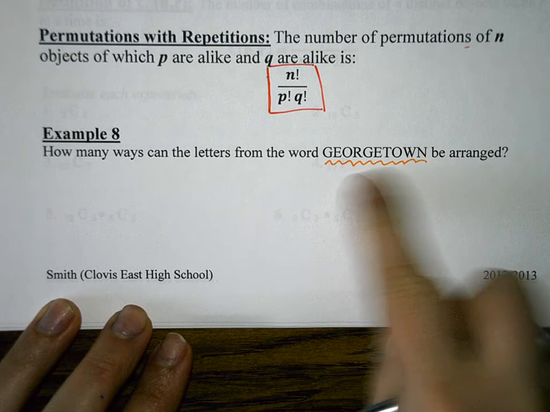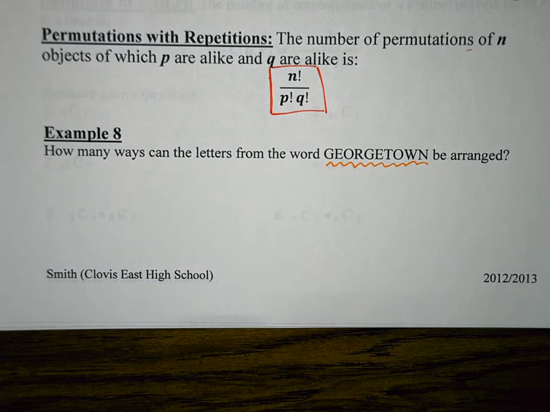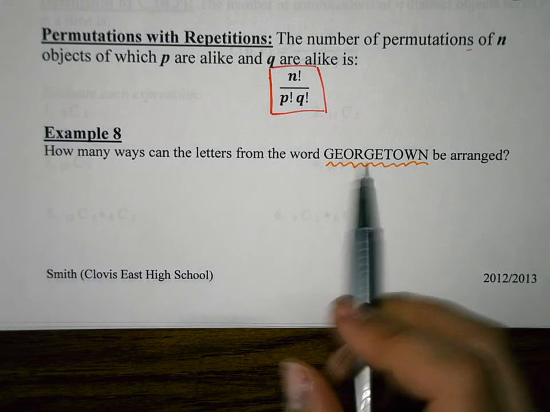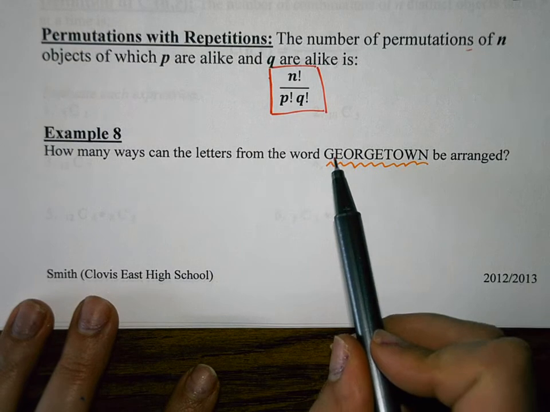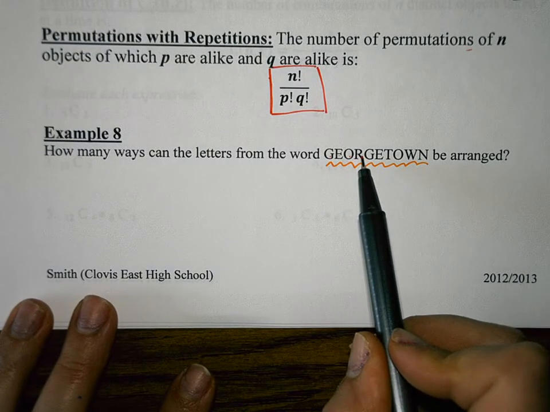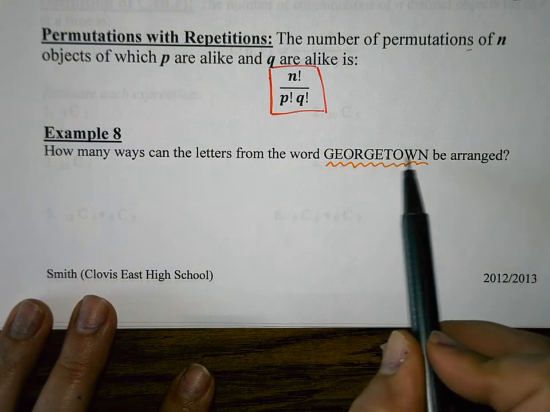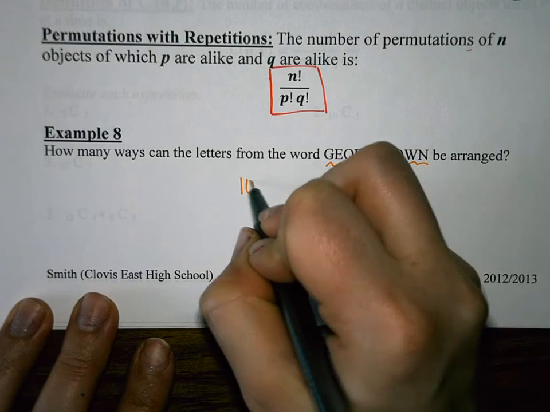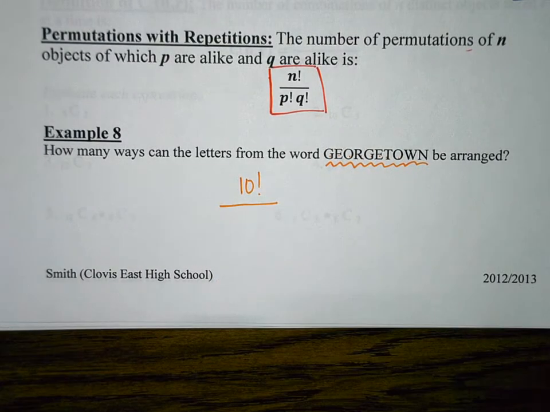So we want to rearrange the letters in the word Georgetown and see how many we have. So the first thing we're going to do is we're going to count how many letters we have total. We have 1, 2, 3, 4, 5, 6, 7, 8, 9, 10. So that's your n. So this is going to be 10 factorial over. We divide by the number of letters that are being repeated.